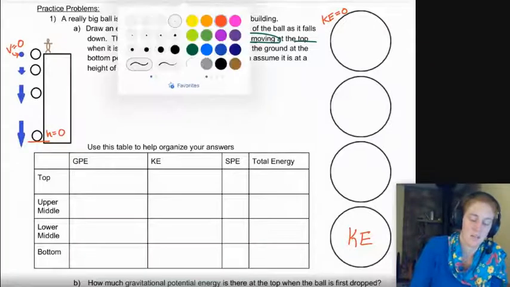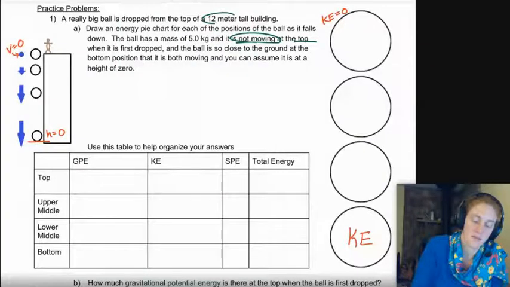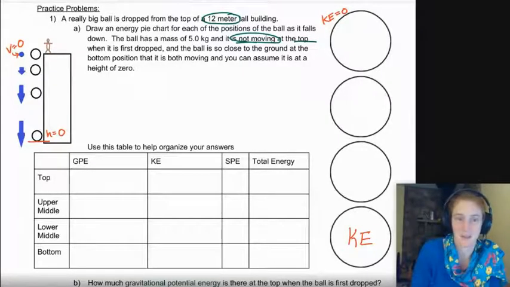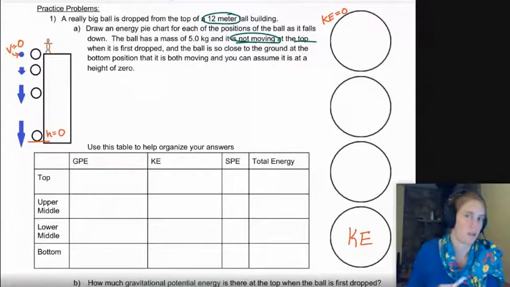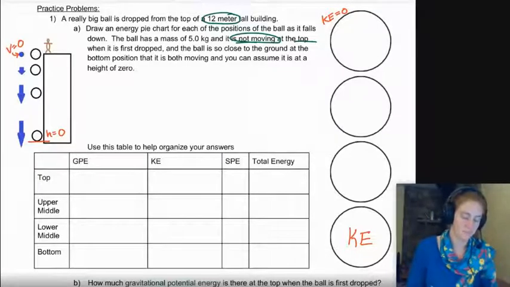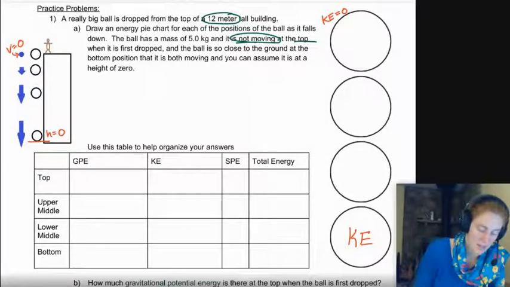Now at the top, at 12 meters tall, I'm going to start filling in this table as well. So this table is really handy for keeping track of all your information of how much each of your energies are. So at the top, that is 12 meters up in the air.